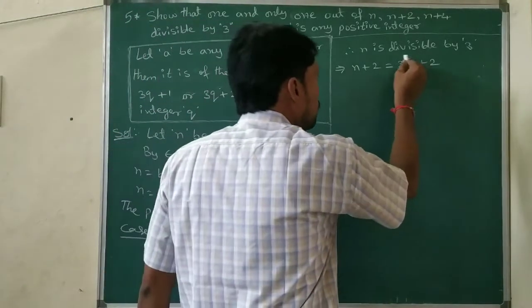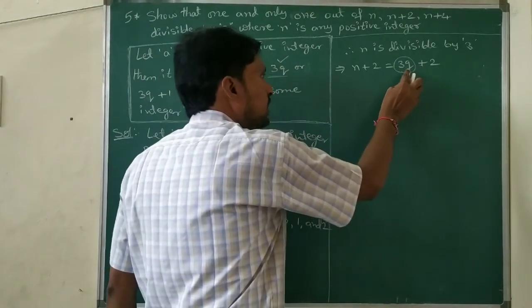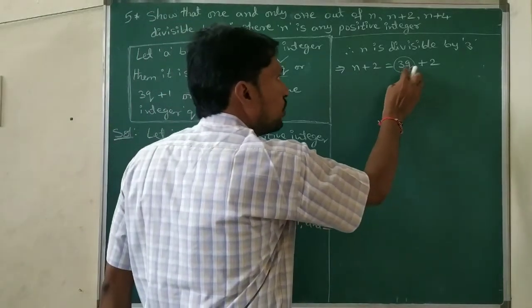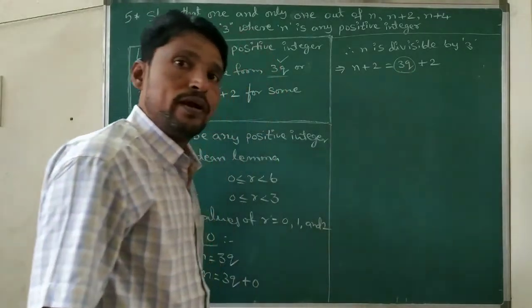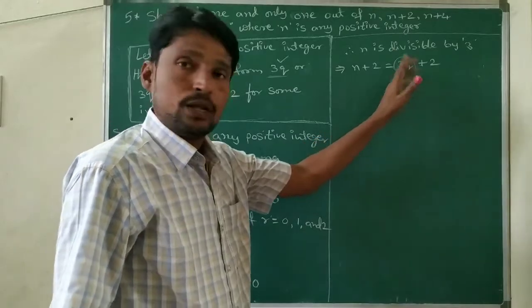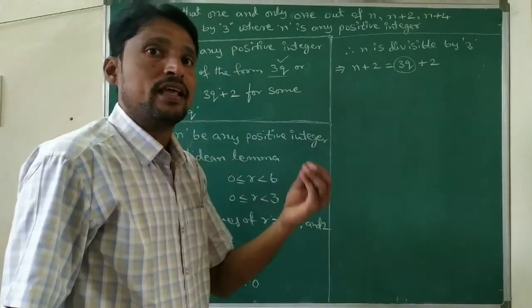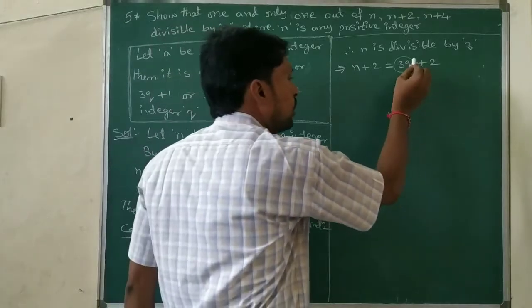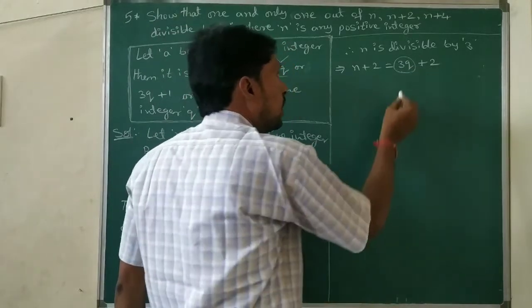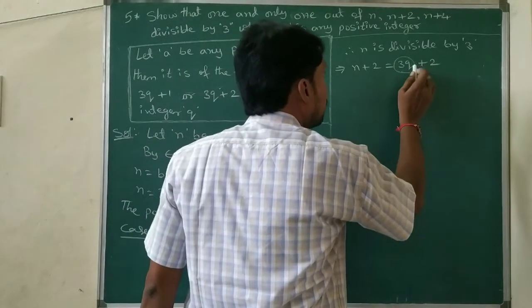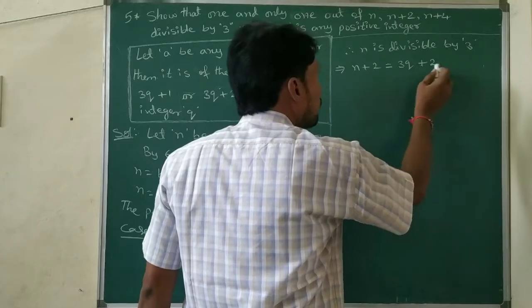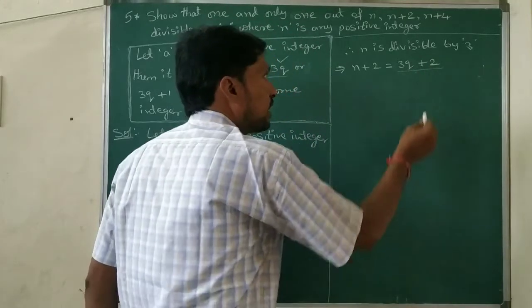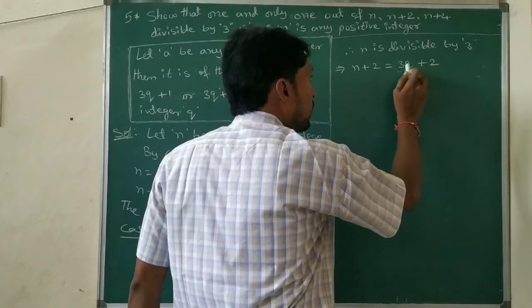Here 3q is a multiple of 3, so it is exactly divisible by 3. But 3q plus 2 is not divisible by 3. We are getting remainder 2.